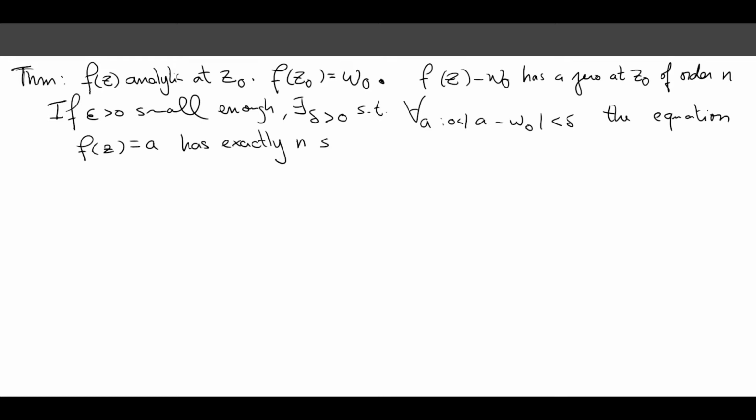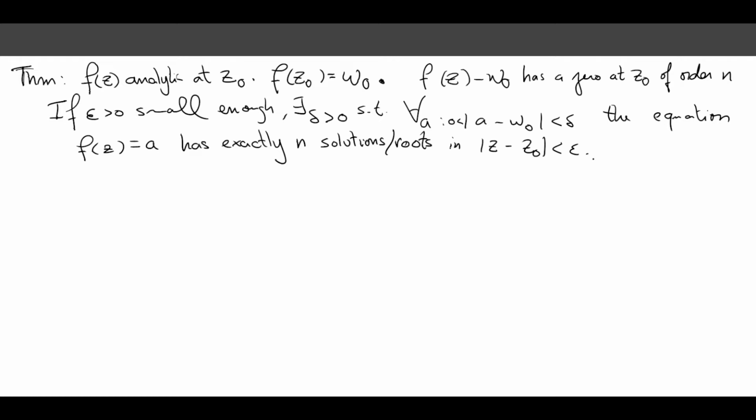Different people call this solutions or roots depending on the language, in that disk of radius epsilon around z0, so |z minus z0| smaller than epsilon.